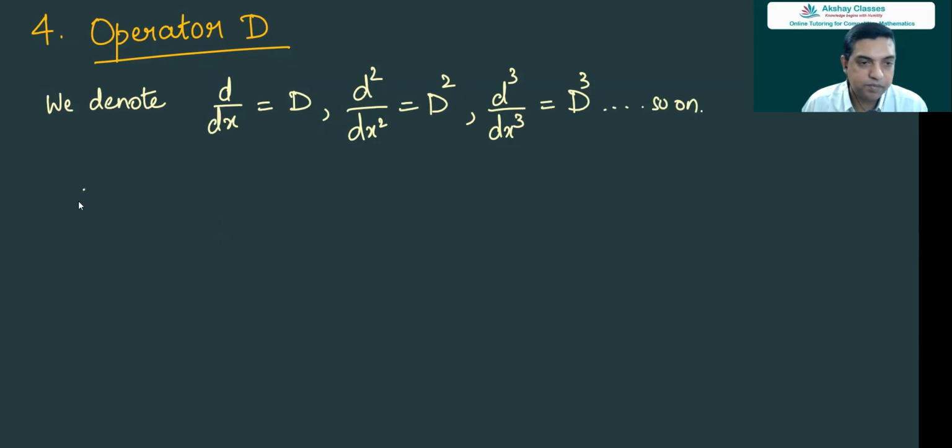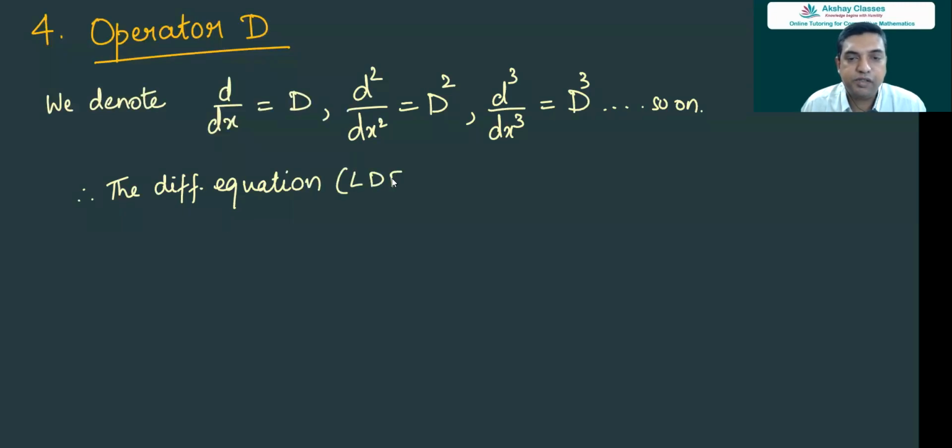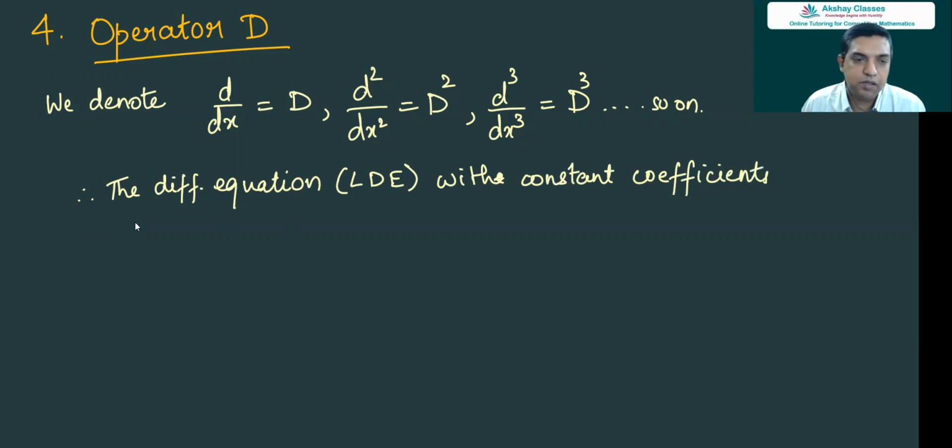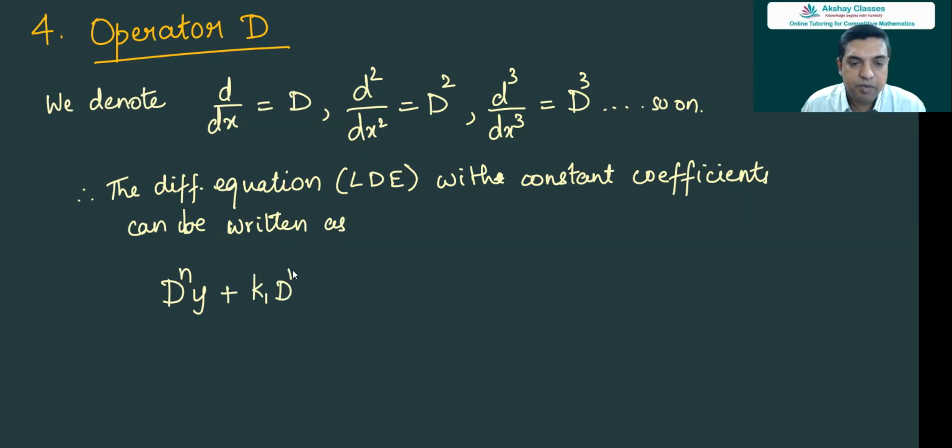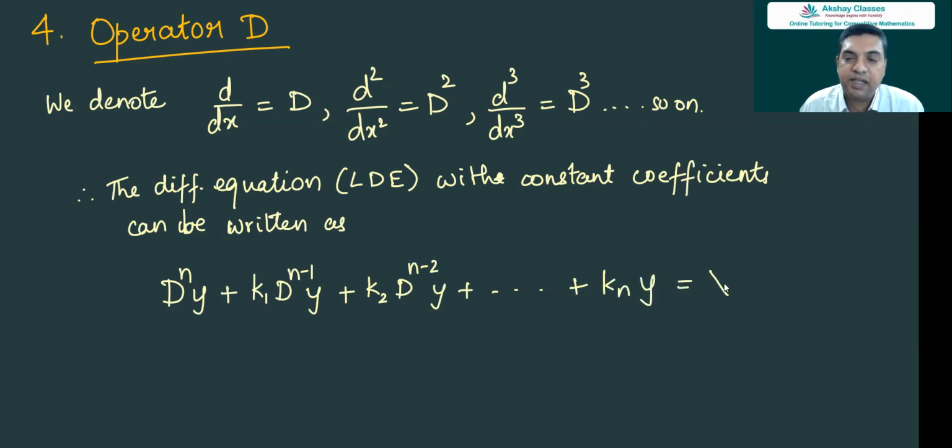Therefore the linear differential equation with constant coefficients can be written as D power n times y plus k1 into D power n minus 1 times y plus k2 into D power n minus 2 times y plus ... plus kn times y is equal to x.